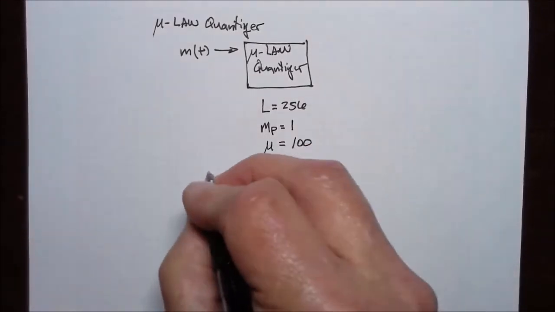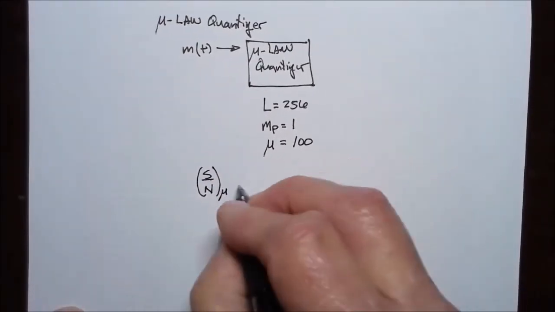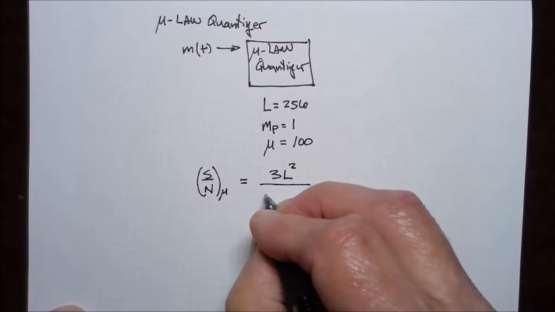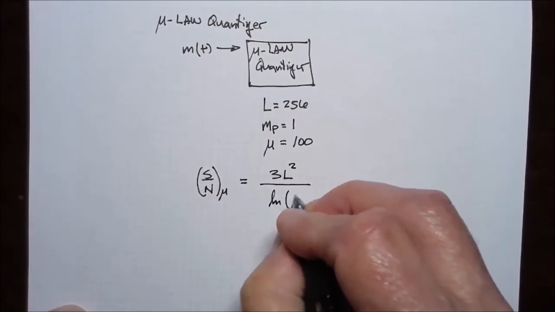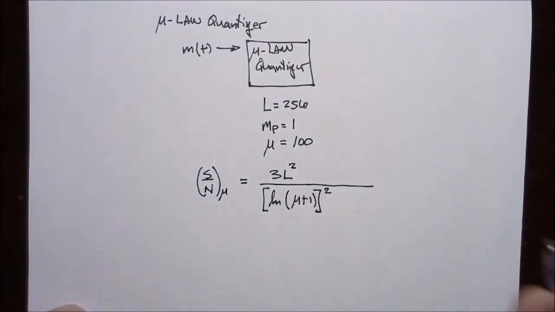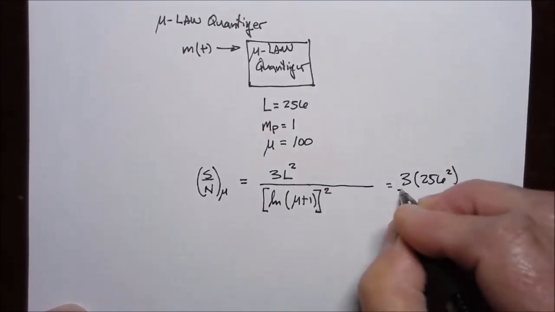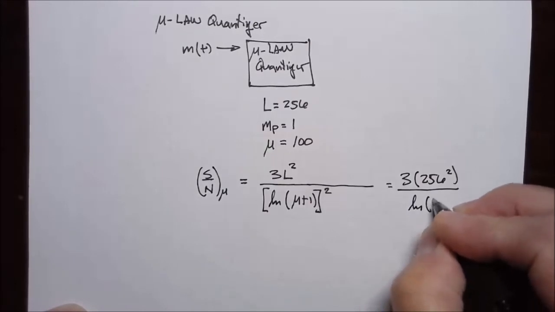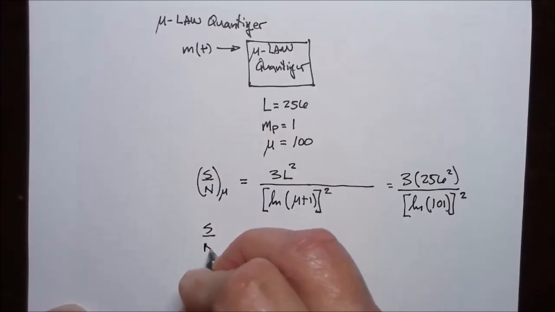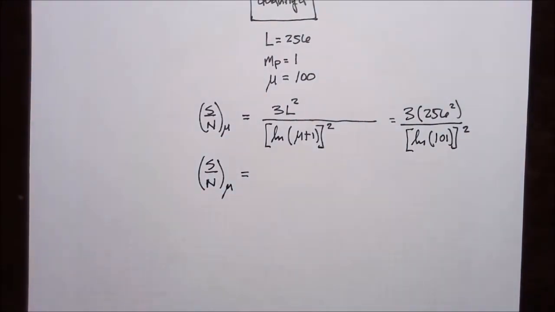Now the signal to noise ratio for the mu law quantizer is equal to 3 times L squared divided by the natural log of mu plus 1, and then we square that value. So for our example, that's going to be 3 times 256 squared divided by the natural log of 101, and we square that value, and we get the signal to noise ratio for the mu law quantizer.